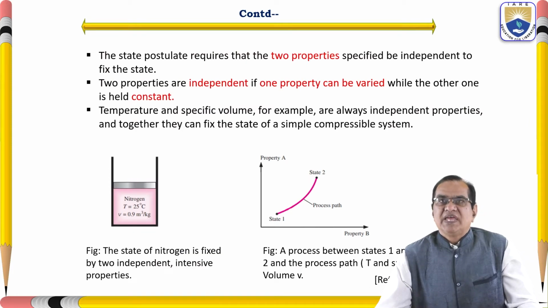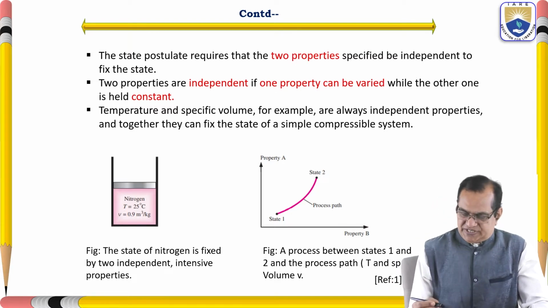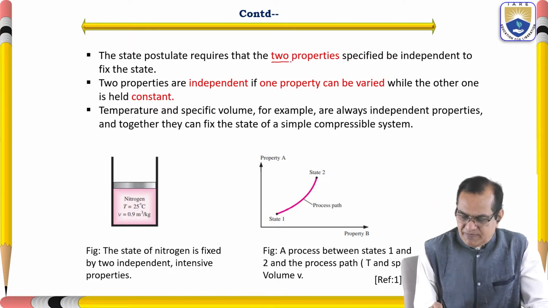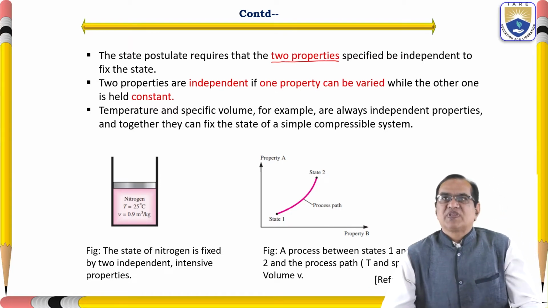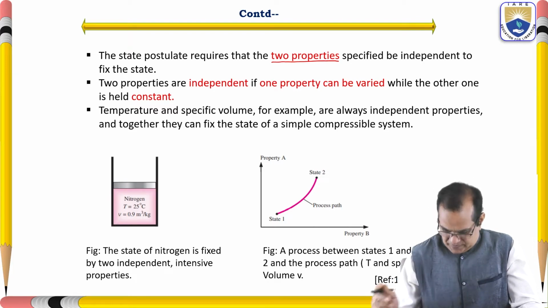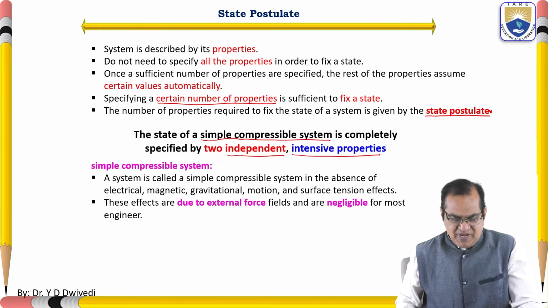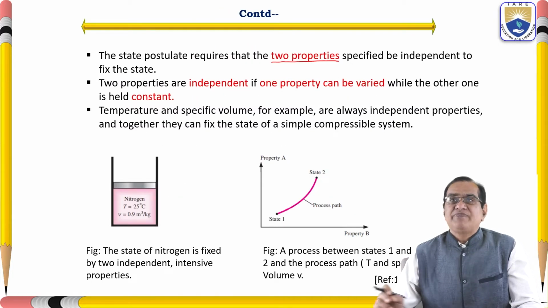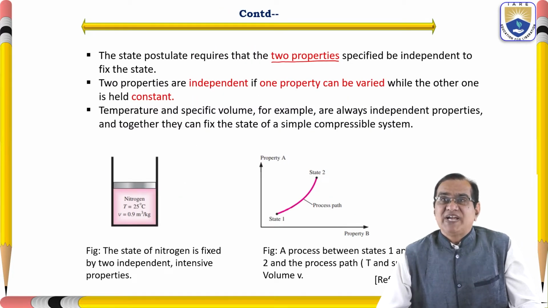Here the state postulate requires two properties for a simple compressible system. For a simple compressible system, the state postulate requires that the two properties specified be independent to fix the state.